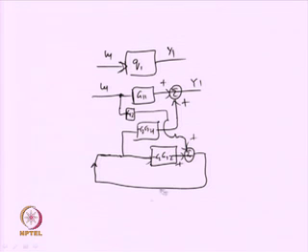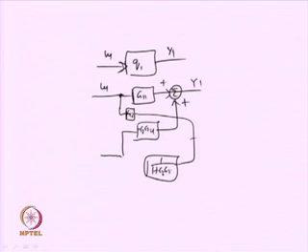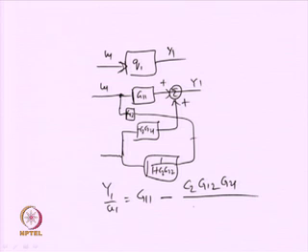Okay. So, again this full dynamics can be given by 1 upon 1 plus C2 G22. Okay. So, this will get added. So, ultimately y1 upon u1 will be G11 coming from here minus C2 G12 G21 upon 1 plus C2 G22.